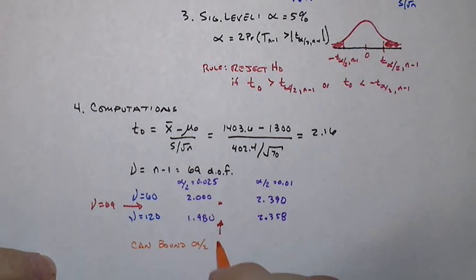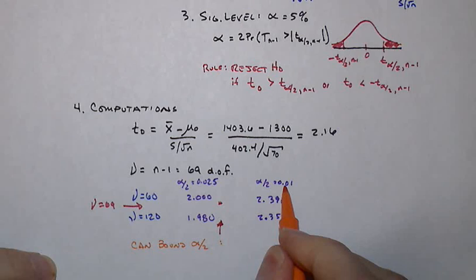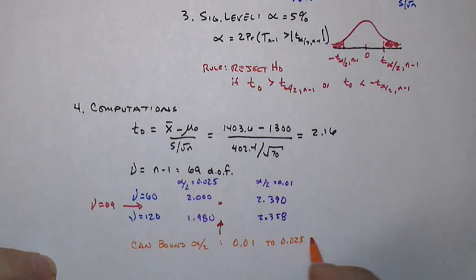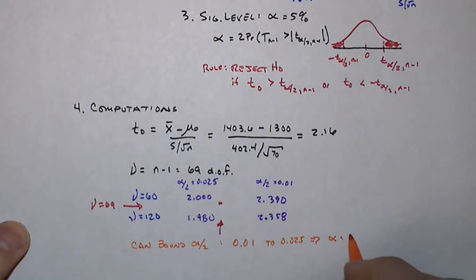is that alpha over 2 will be bounded between 0.01 and 0.025, or obviously that means alpha, or I should say the p-value that's associated with that, is contained in the 0.02 to 0.05 region, right? So I want to change that real quick.